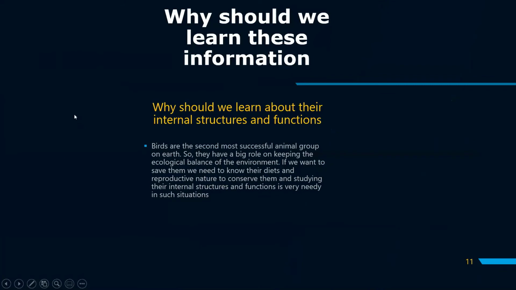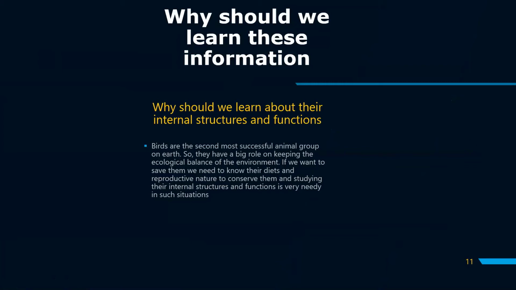So we also get the question, why do we need to learn this information? It's because birds are the second most successful animal group on Earth. They play a big role in keeping the ecological balance, and also help to keep the beauty of the environment.